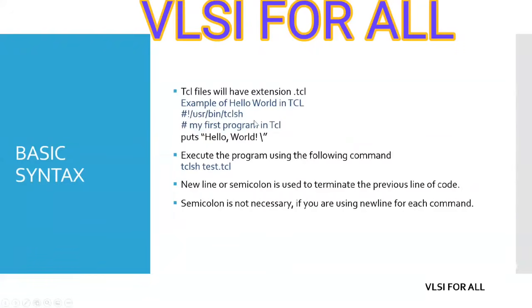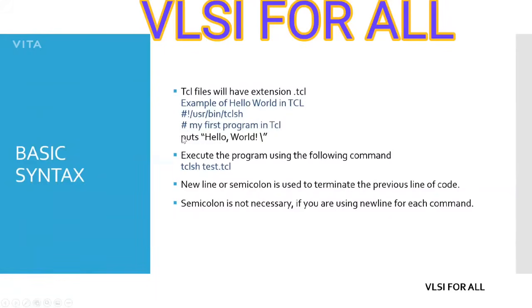When you write a TCL program, you will have to review the script after some months or years. At that time, you won't remember what is the purpose of writing a specific line in that manner. So just for your reading purpose, if you want to write certain comments, you can add a hash in front of the line and it will not be executed. You can write anything there and you won't get any error. So this is just for understanding purpose. You're just adding certain lines.